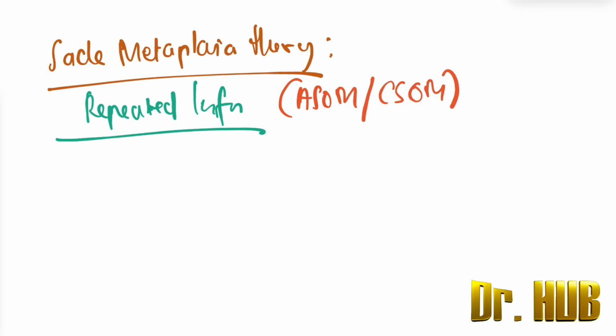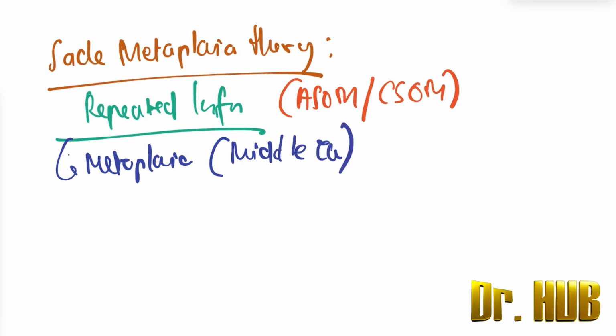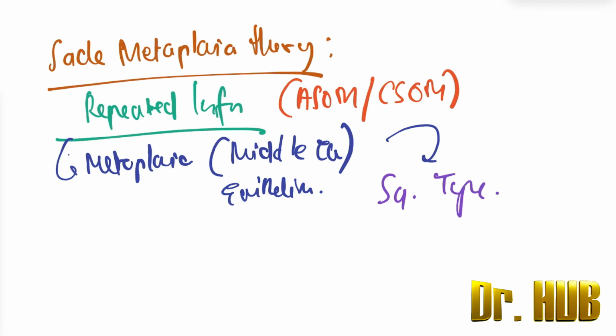This leads to metaplasia of the middle ear epithelium into the squamous type. So this was all about the classification as well as the theory of origin of the cholesteatoma.